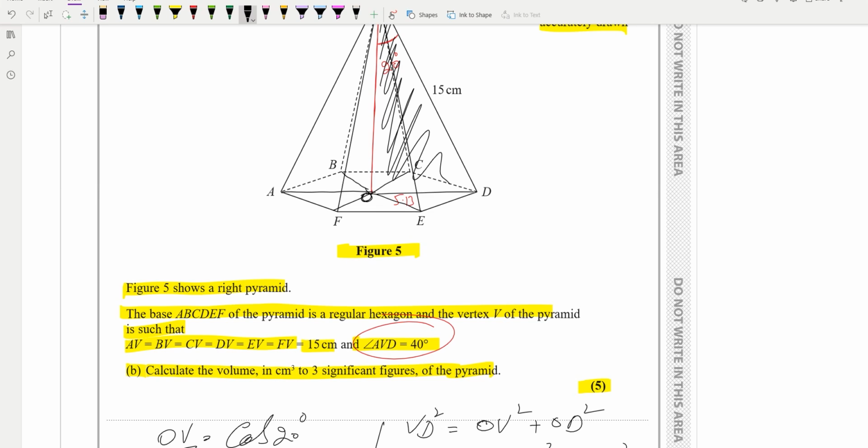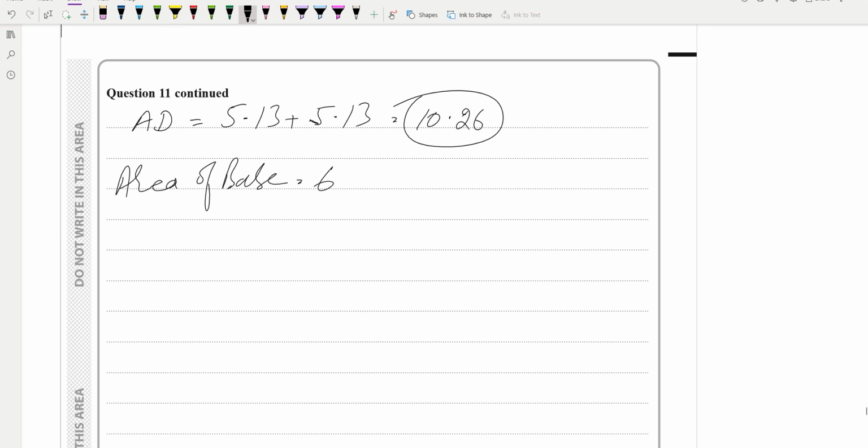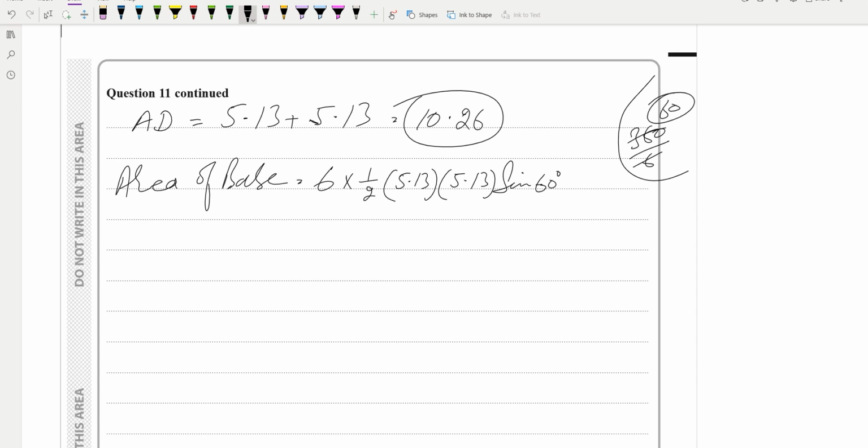So area of base will be 6 multiplied by the area of each triangle, which is 1 by 2 into AB sine C. So 5.13 multiplied by 5.13 and sine of 60 degrees, because 360 divided by 6 is 60 degrees. The circle angle is 360 degrees, so we divide by 6.